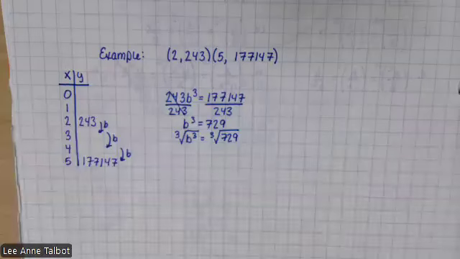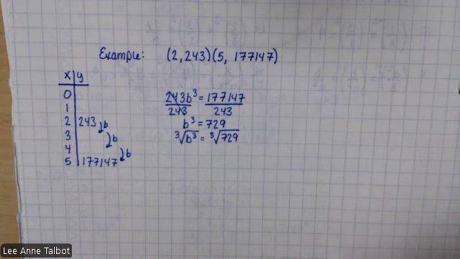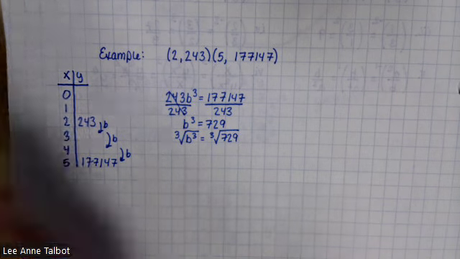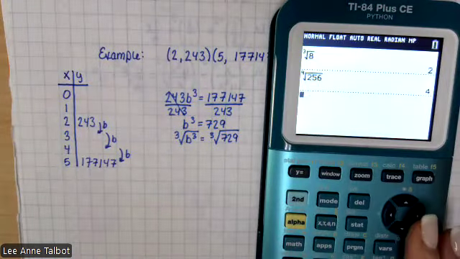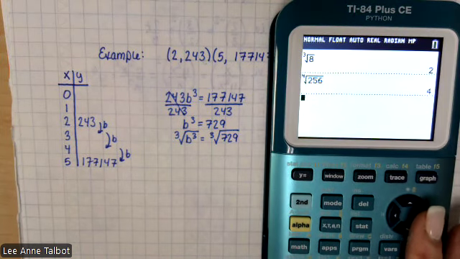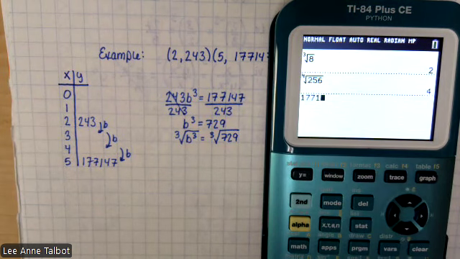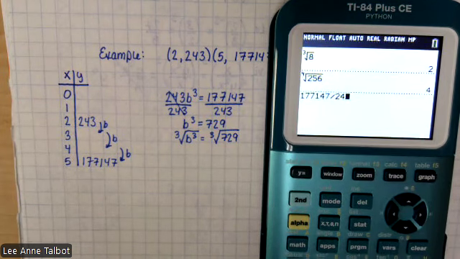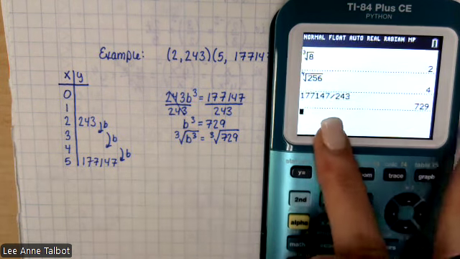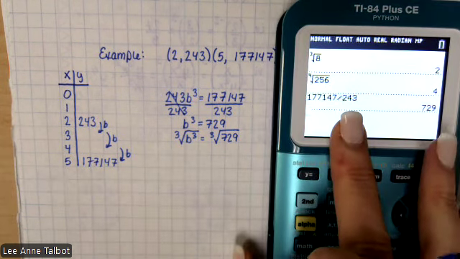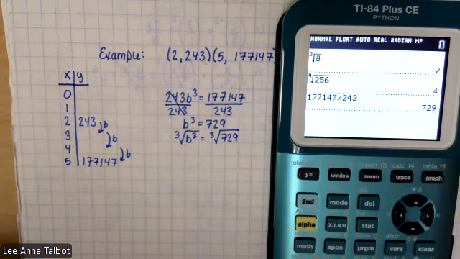Okay, everyone in the room, make sure that you know how to go on the calculator and find the cube root of 729. This divided by this. It should be 177,147.